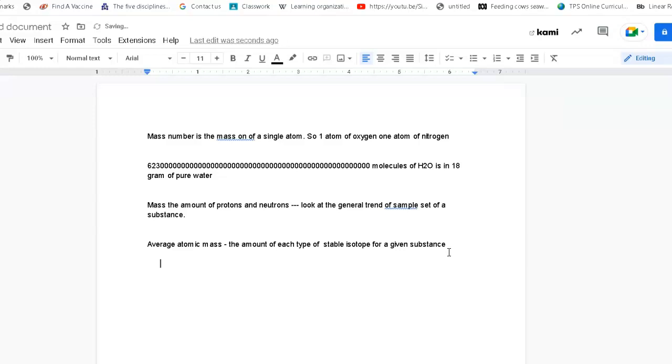Okay, so for example, carbon has actually kind of three isotopes, and I've done this before: carbon 12, carbon 13, and carbon 14.